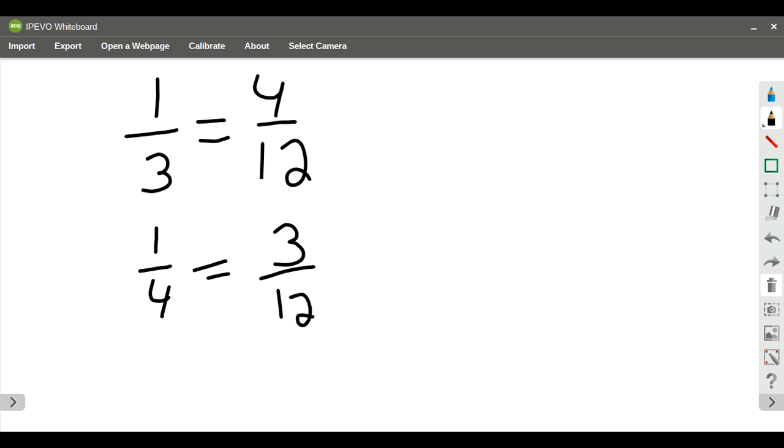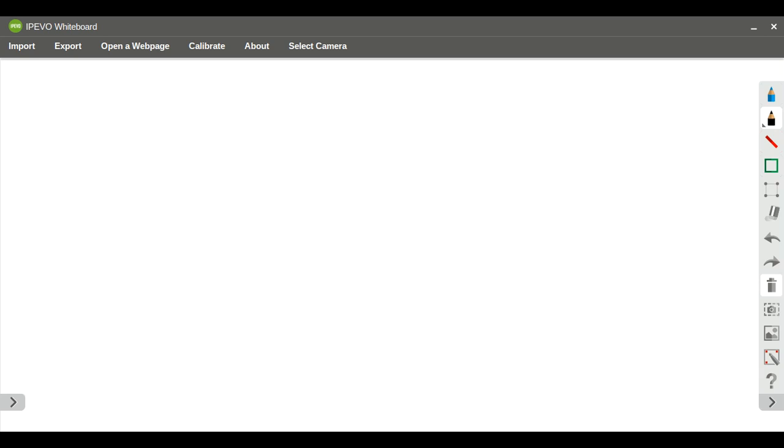Okay, number 2. It says find a common denominator for each pair of fractions. We're really going to be looking for the least common denominator, or the smallest value that can go into there. So if I have 3/8 and 2/3, I can list out my multiples.